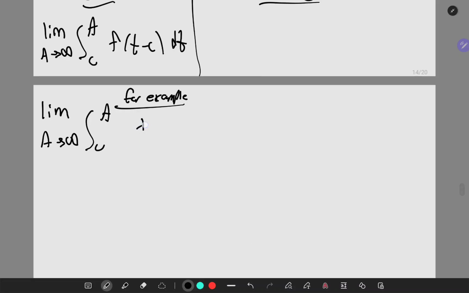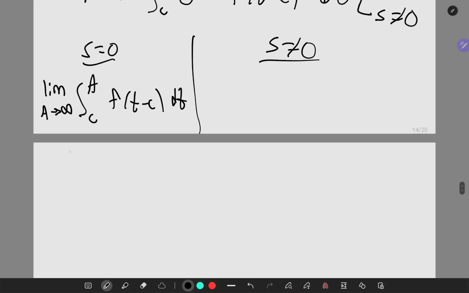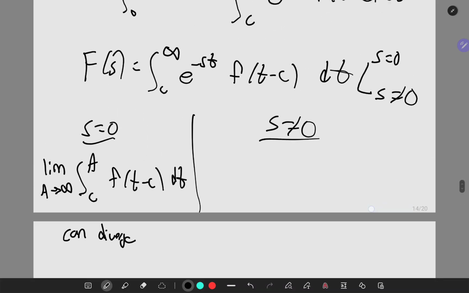Or it could also be something like this, though. And if it's like this, that would converge to 0. This one would diverge. So you really just don't know what's going on with this one. So you could say it can diverge. So we're going to exclude that one.